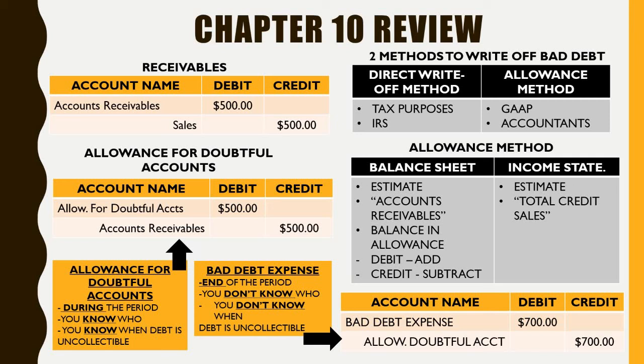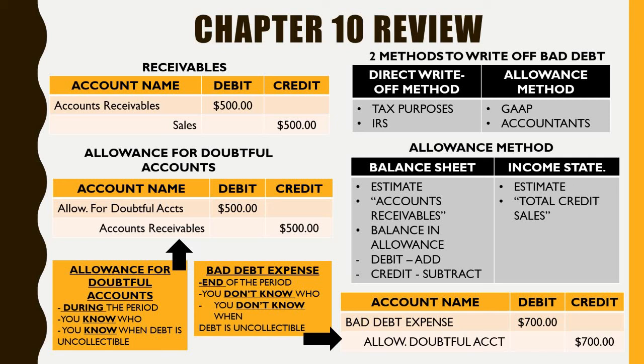The reason why we have a debit or a credit balance in our allowance for doubtful accounts is because we're doing this during the year. So again, the allowance for doubtful accounts usually happens during the year, and you know who, you know when, and you know how much.